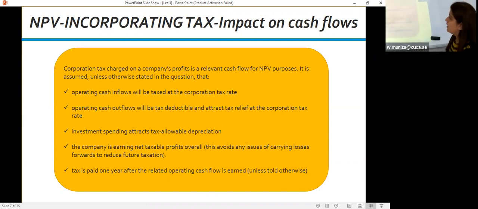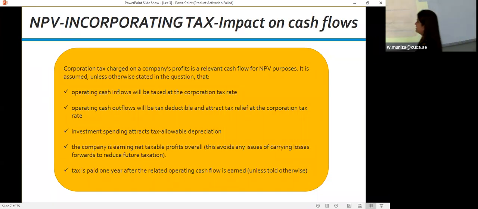Corporation tax charged on the company's profit is a relevant cash flow for NPV purposes. It is assumed, unless otherwise stated in the question, that operating cash flows will be taxed at the corporation tax rate, normally 30%, 20%, whatever will be given to you in your exam question.